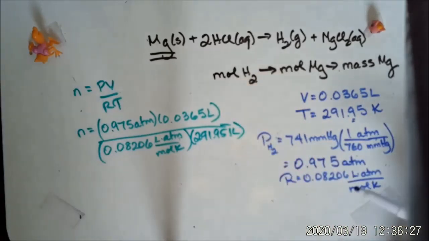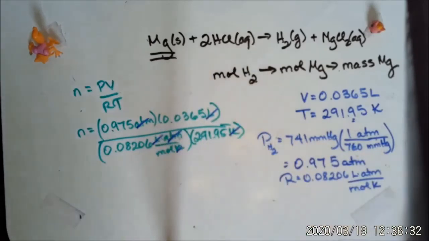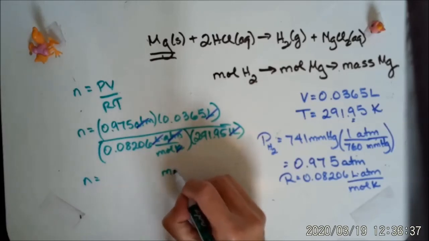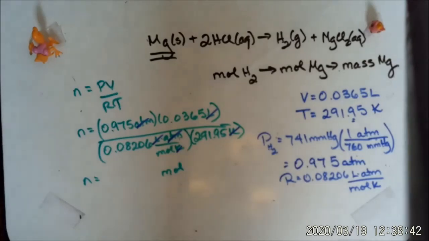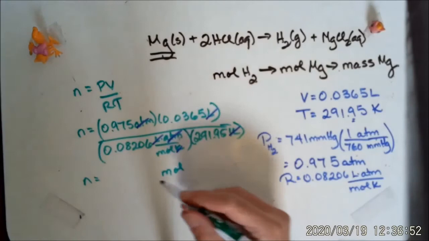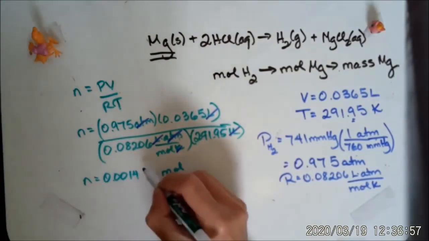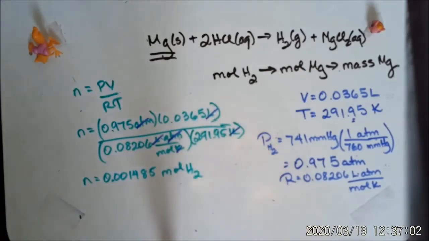Okay, our units cancel out. The good part is our units are going to be in moles. So let's find out what we get. 0.975 times 0.0365 divided by 0.08206 and also divided by 291.95. And we get something like 0.001485 moles of hydrogen.